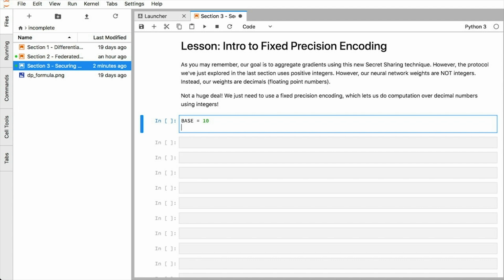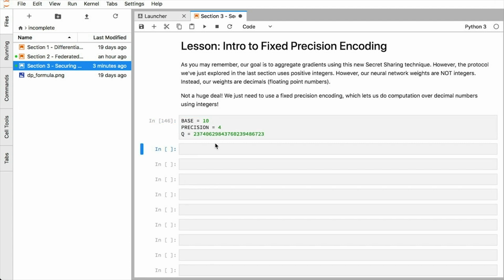We could also use base 2 encoding, which would be binary. And we're going to set the precision to be 4. So in this case, we're saying that we're going to encode numbers with base 10, and we're going to allow 4 decimal places for storage. And then we also want a Q value, and we're going to use the same Q value we were using in the additive secret sharing technique. This is going to allow us to handle negative numbers, as we'll see in a moment.